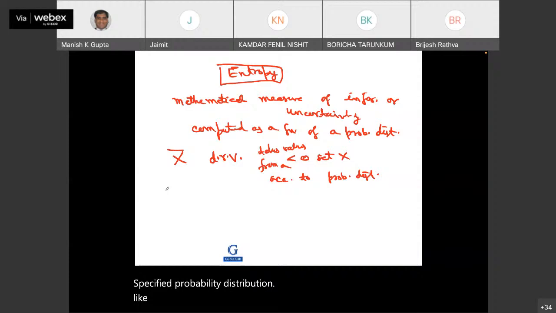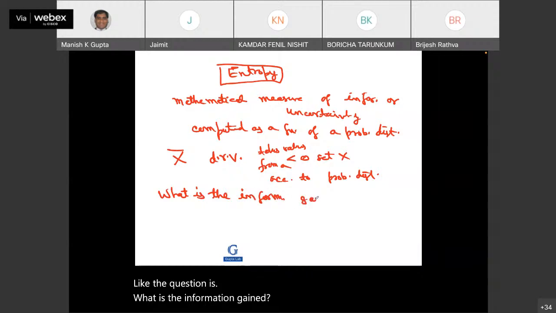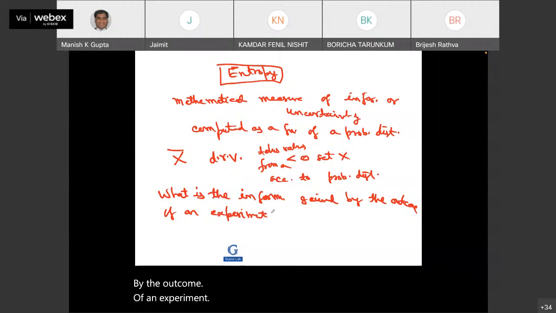So the question is, what is the information gained by the outcome of an experiment which takes place according to this probability distribution?